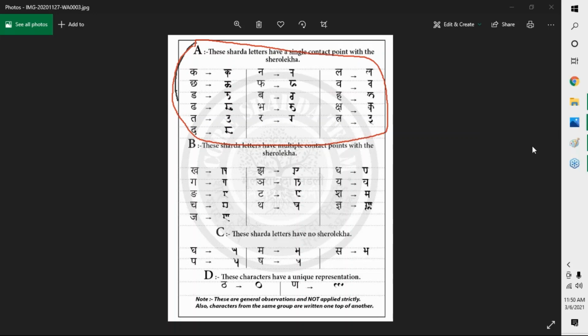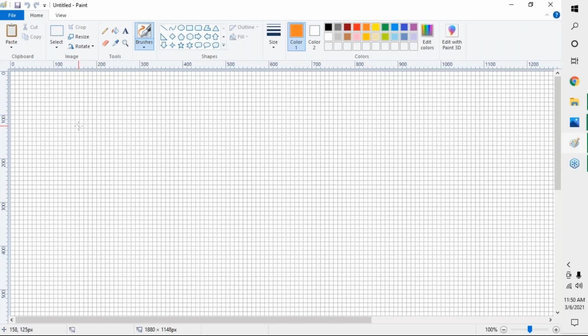Now there is a rule for when we do the conjuncts. When we do the conjuncts, what we will have to do is, for example, that is what I will have to write again.